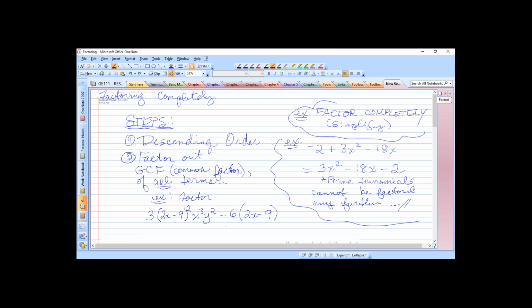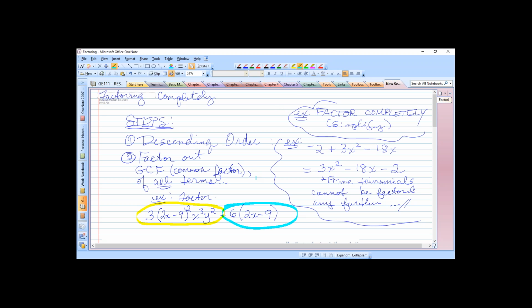As this problem is written, there are two main terms, and I'm going to highlight them. The first term as this polynomial is written is here. And the second term is actually a negative 6, 2x minus 9. So these are the two little areas where we have to look for common factors. They don't have single x's and single y's, but there's a binomial in there that contains an x.